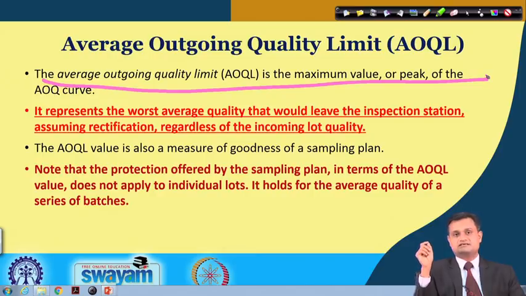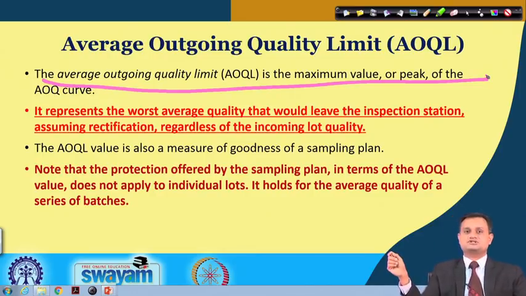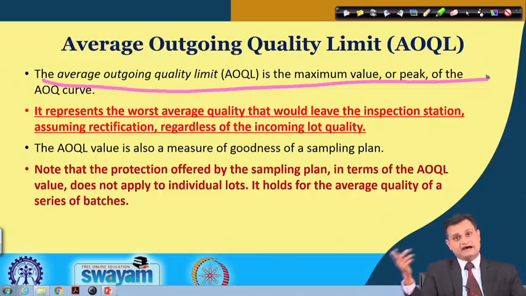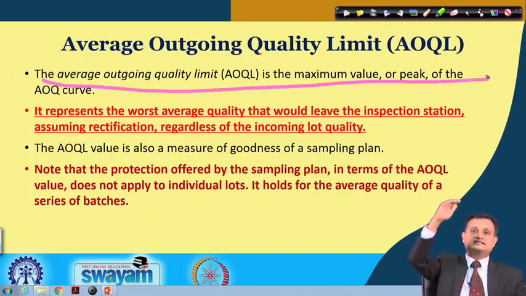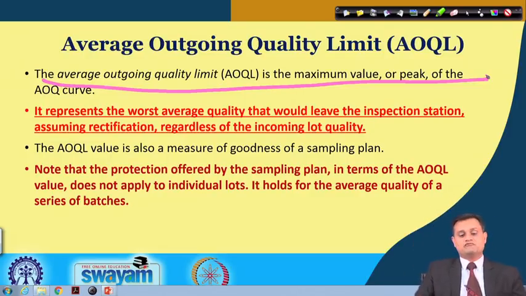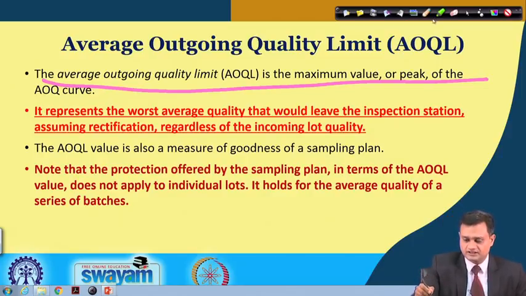Please remember, it is the worst average quality that would leave the inspection station. Then, when the lots have started rejecting, I am applying the same rectification and replacing the bad quality products with good ones. So, my curve is going down, but AOQL is the peak, which is the worst average quality that would leave the inspection, assuming rectification regardless of the incoming quality of the lot.